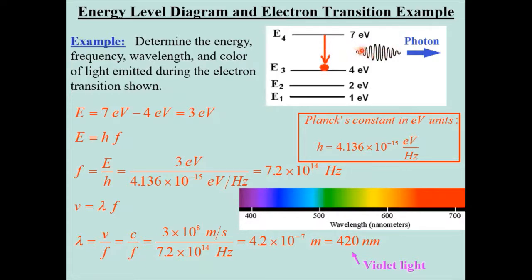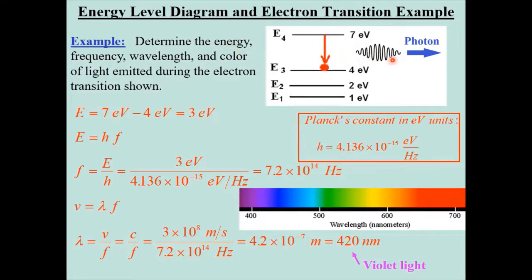This little squiggly line here is our wave packet that represents a photon being emitted by this transition here. Okay, so this is just a little different way of looking at the Bohr model of photon emission, which we've been talking about. So the first thing we're going to do is figure out the energy of our photon.